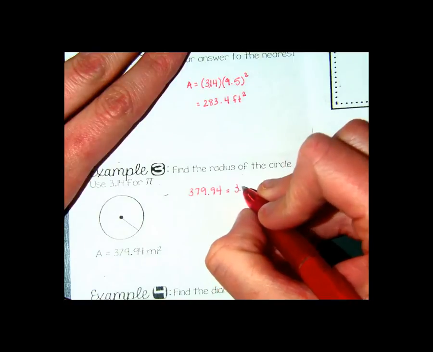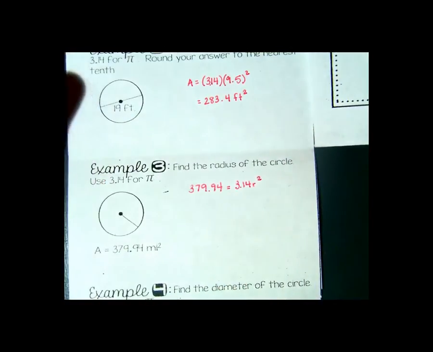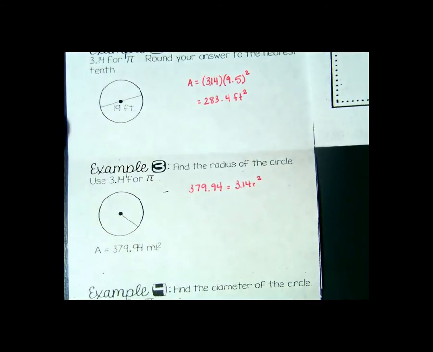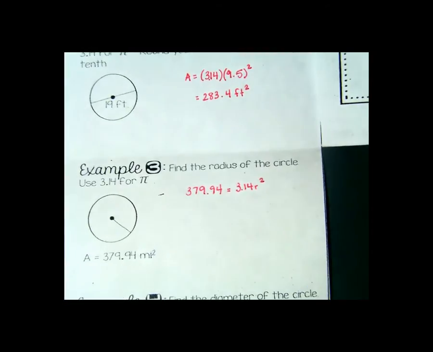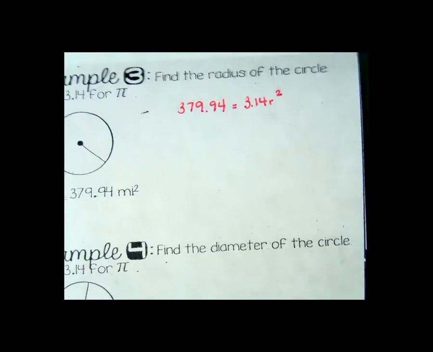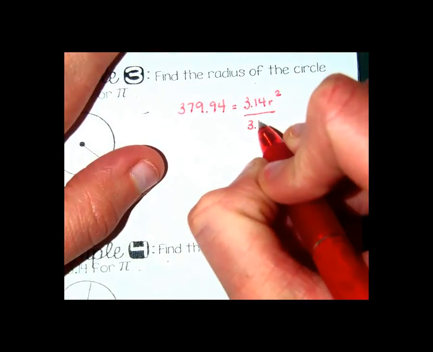That's a great way to explain it. Yeah, it's the exact formula we're using. It's the one we've been using. You just take the area and set it equal to pi r squared. We're just using 3.14 instead of pi because it told us to. So you guys said you did do these steps though. You divide by 3.14.